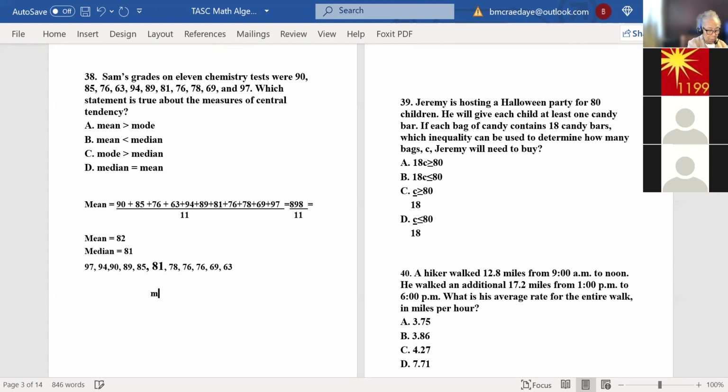The one in the middle, median, midpoint. So your mean is 82, your median is 81. What is your mode, Vanessa? 76. The mode is 76.